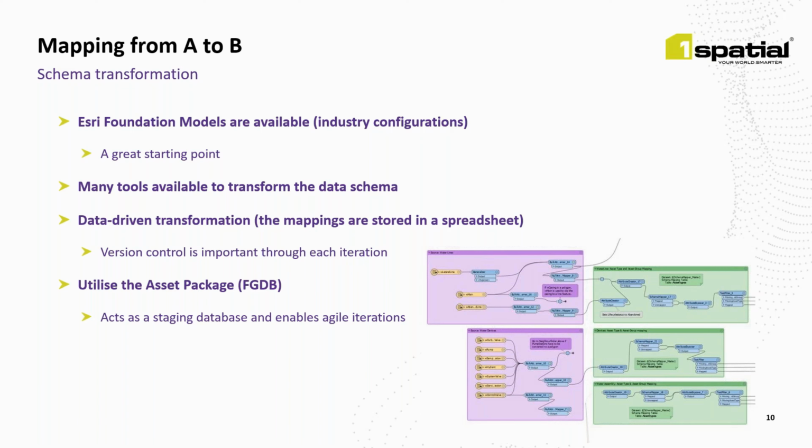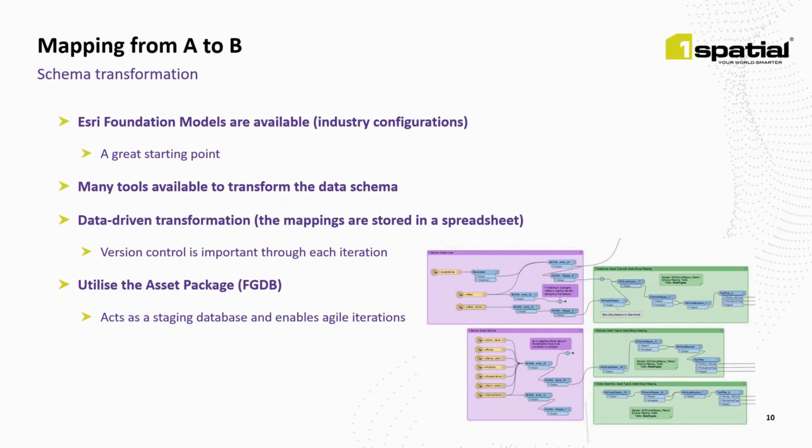That's the image on the bottom right hand side, a snippet from a workspace migrating data into the utility network. One Spatial have our own rules engine, which has a schema transformation capability. And there are lots and lots of tools in the market to enable moving data from schema A to schema B.